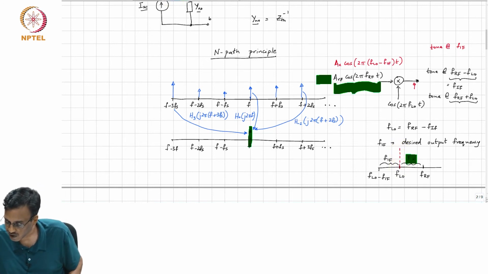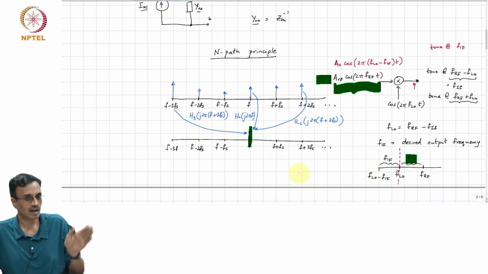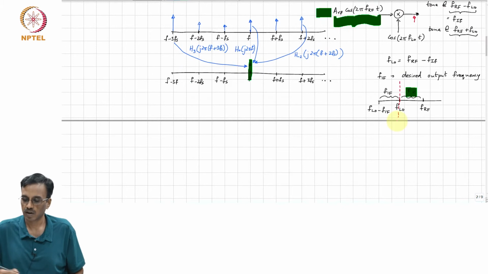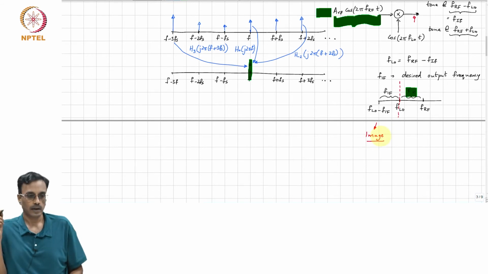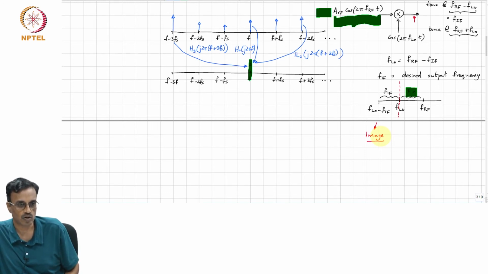If you look at this, you can see that the rogue tone is symmetric with respect to the fLO, right. So, there is mirror symmetry about the fLO, and this is often what is called the image tone, correct. And the problem of image is primarily because of the linear periodically time varying nature of the multiplier.